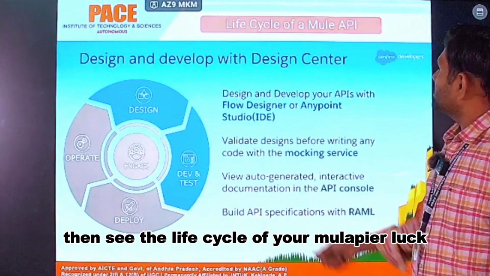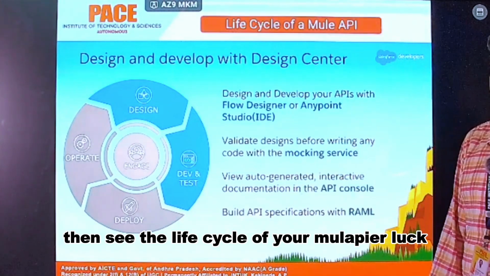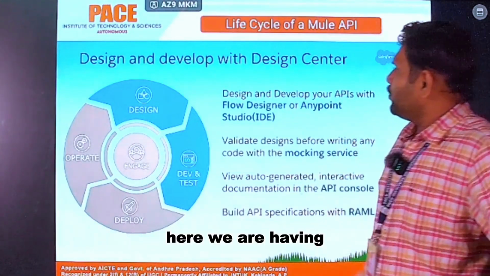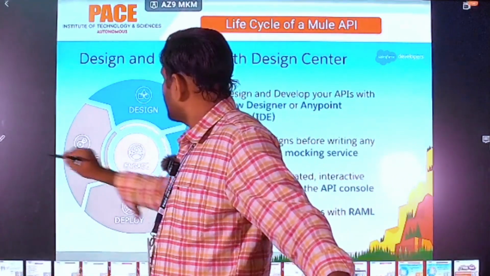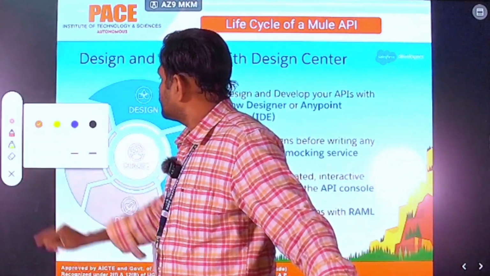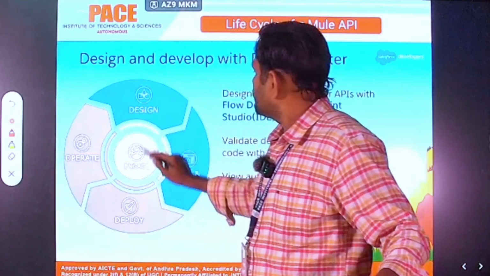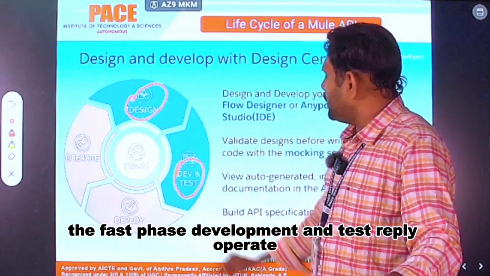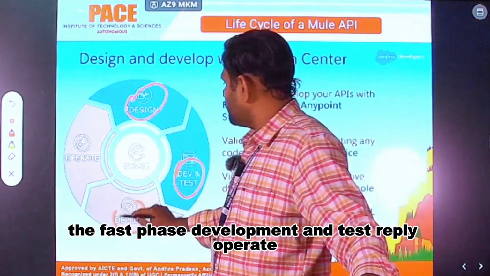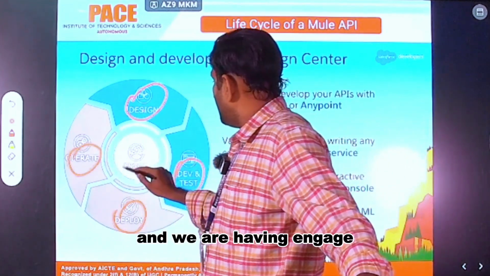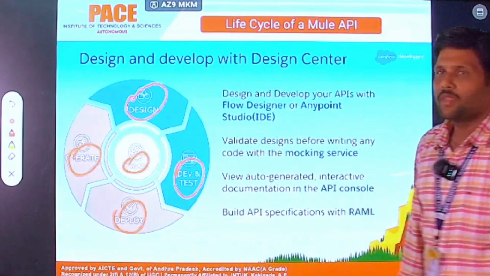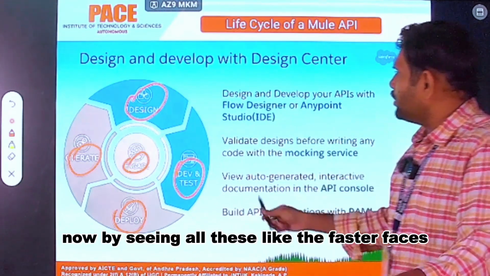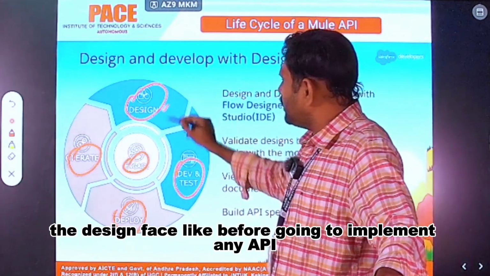Then let's see the life cycle of a Mule API. Here we have the design, the first phase, then development and test, deploy, operate, and engage. The first phase is the design phase.